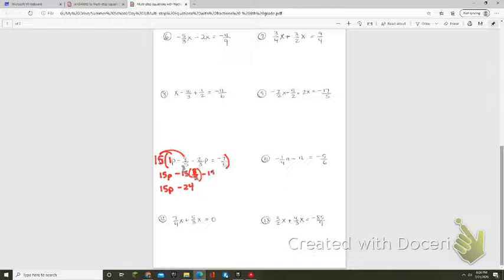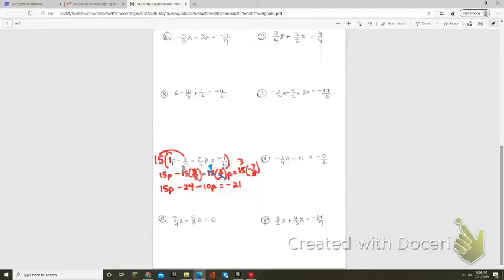Then you have to do 15 times 2/3 p. And again, when you look at this, the 3 and the 15 cancel, and you take 5 times 2, and it's still negative 10p equals, then we have 15 times negative 7/5, and the 5 goes into 15 3 times, leaving us with negative 21 when we multiply those together.